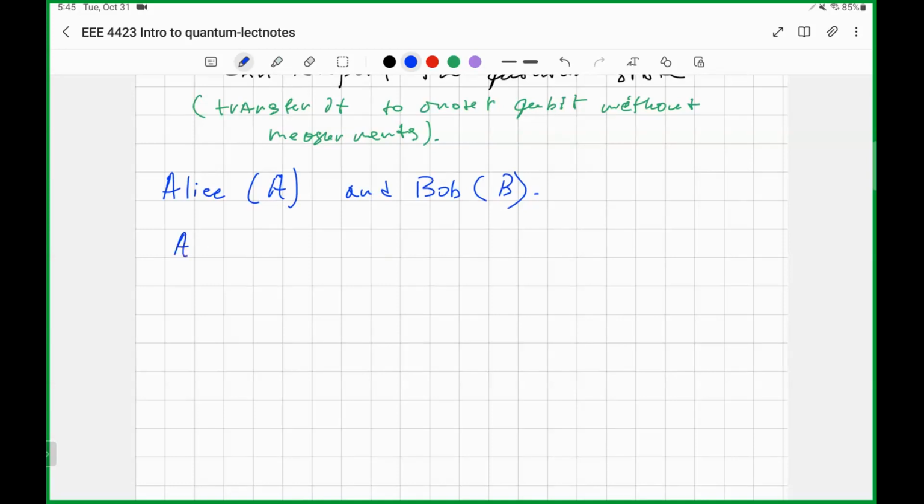So let's suppose we have Alice, we have Bob, they have qubits, and at some point they create a shared state or entangled state, like this.